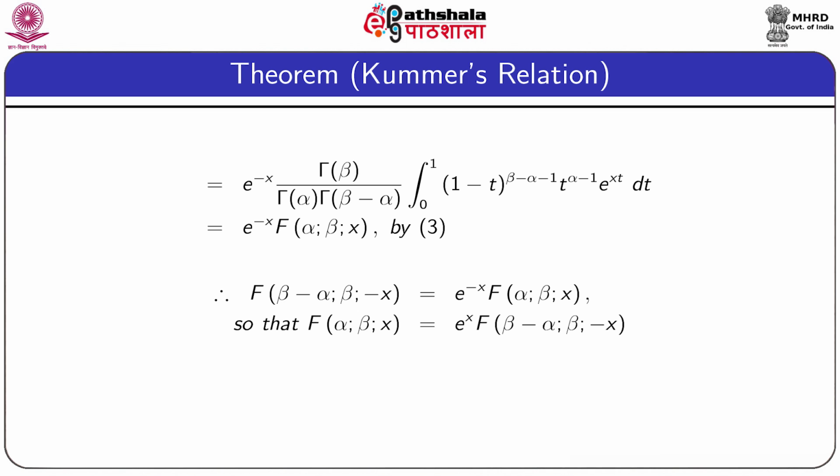And hence we conclude F(beta minus alpha, beta, minus x) is equal to e to the power minus x F(alpha, beta, x), which implies F(alpha, beta, x) is equal to e to the power x F(beta minus alpha, beta, minus x), which is our required result.